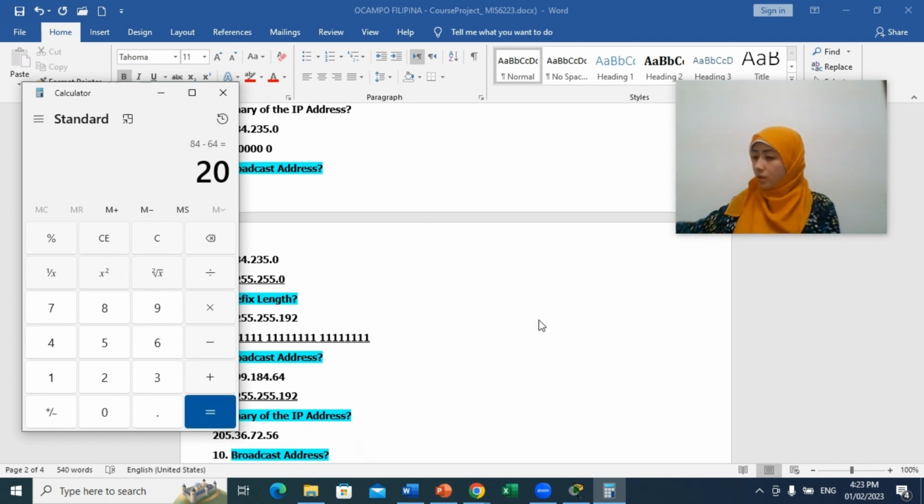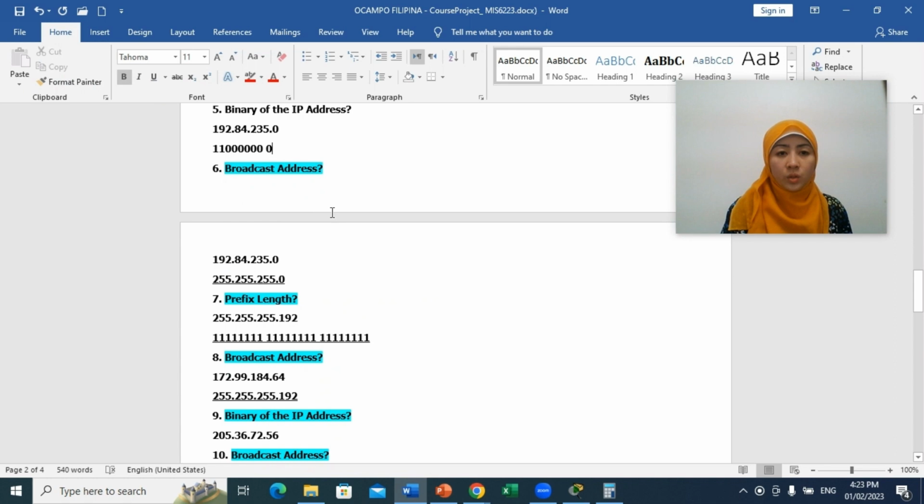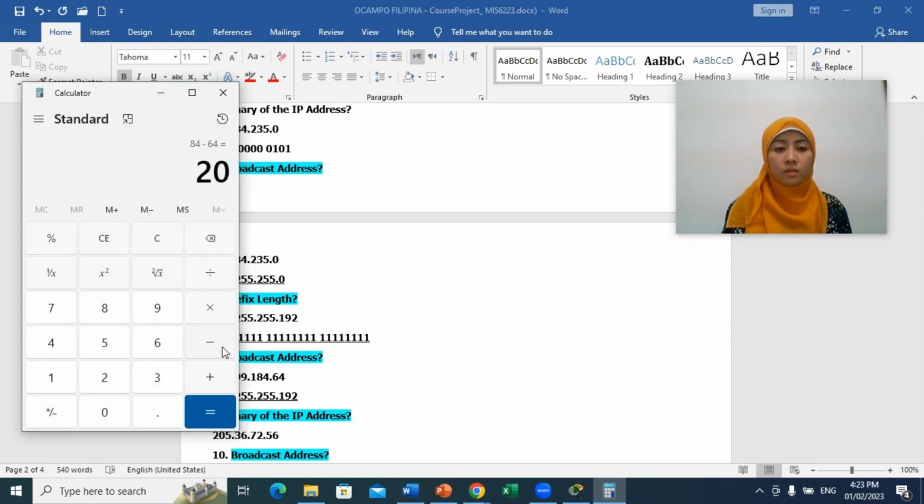So we have the value of 20. So 64, this is 1. And then 32: 20 minus 32 cannot be, so we will put 0. 16, it can be, so we will put 1. So 20 minus 16 is 4.